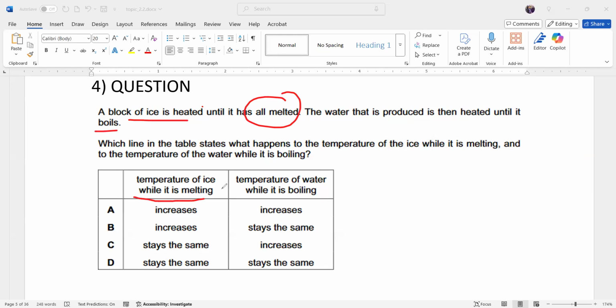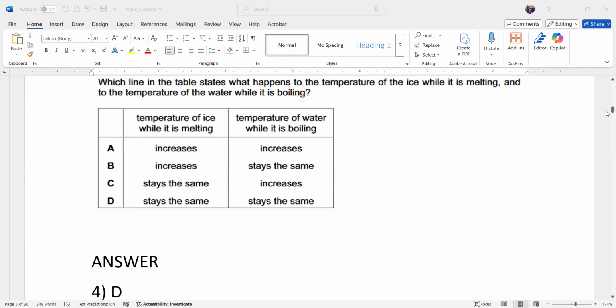What happens when ice is melting and water is boiling? Whenever there is a change in state, there is no change in temperature. Temperature remains constant when the substance changes state. So if a solid is melting or a liquid is boiling, the temperature does not change. That's why D was the right answer for this.